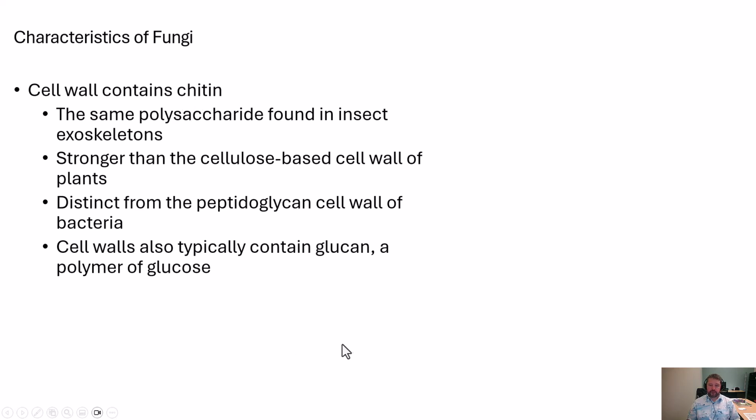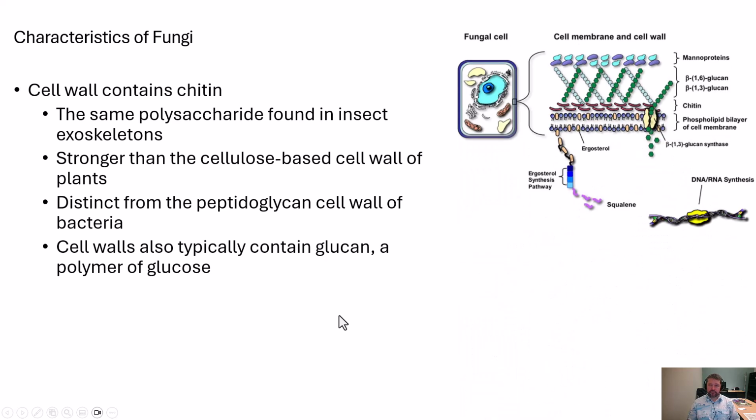Okay? And so on top of that, it has some other components, some simpler sugars like glucan, and it has mannoproteins. Okay? And so it has these scaffolding kind of structures which build support, and then they have these mannoproteins, and there are lots of different types of mannoproteins.